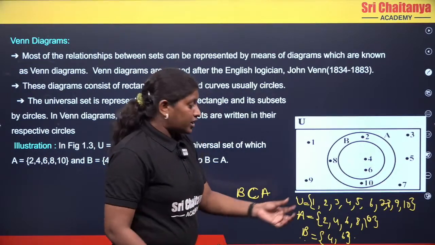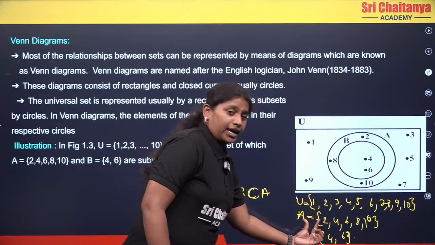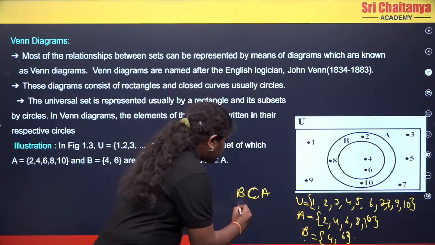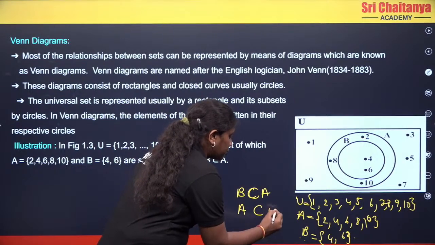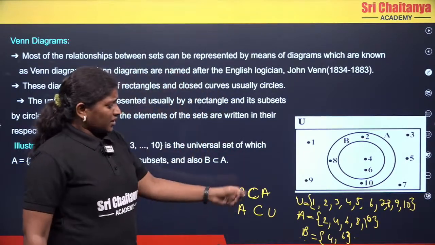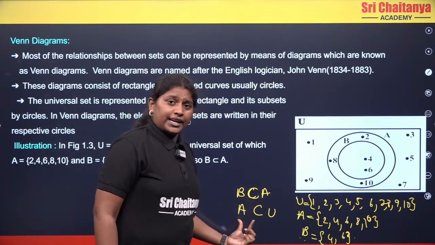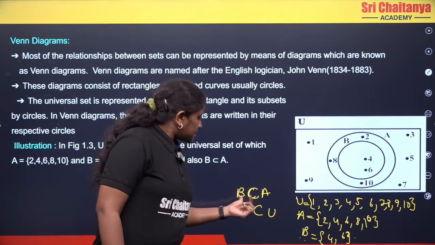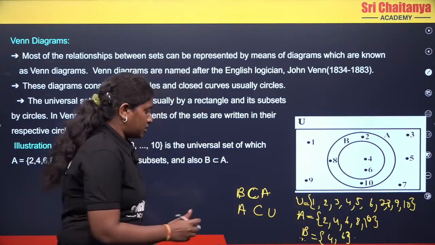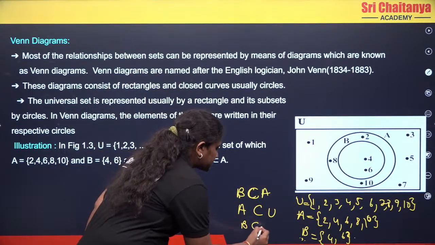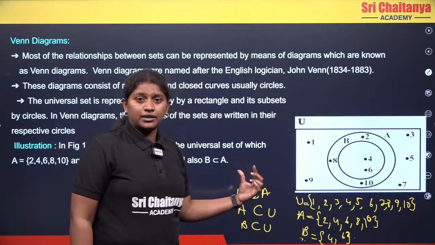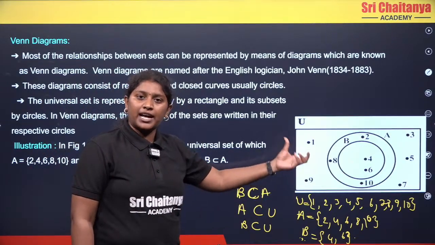Okay. And whatever elements we have in A, the same elements are in the universal set U also. So now we can say that A is a subset of U. So simply we can say that B is a subset of A and A is a subset of U. It means the elements of B will also be in U. So from there you get B is a subset of U. So these types of relations we can find with the help of Venn diagrams.